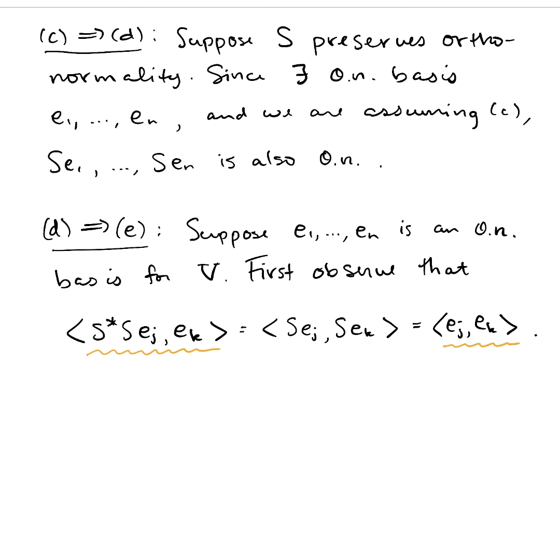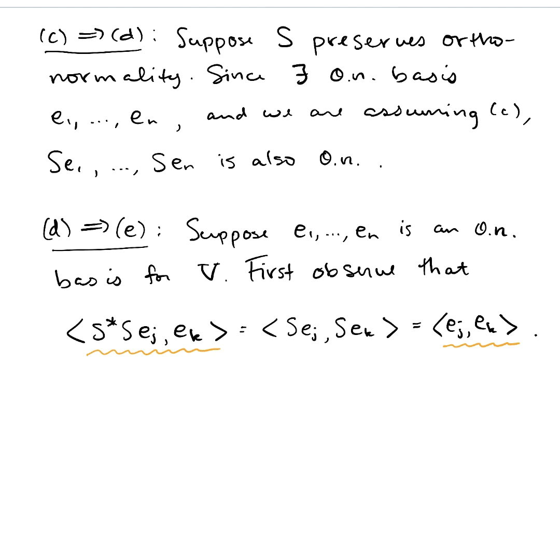We want to extend that now to an understanding of how S star S acts on any arbitrary vector in the space. And I have to say, I think your book is somewhat flippant about it at this moment. Your book says what people like to say: since that's how the operator acts on the basis, that's how it acts on any vector. I like that as an operator theoretic principle.